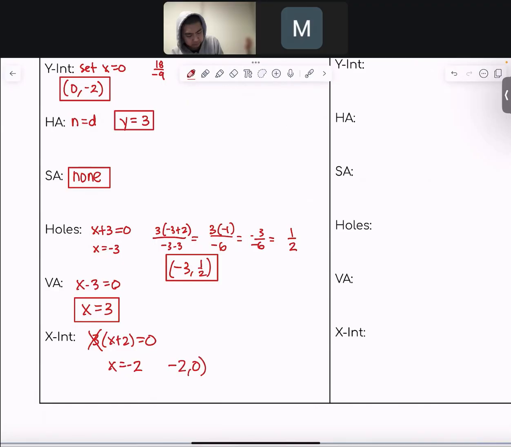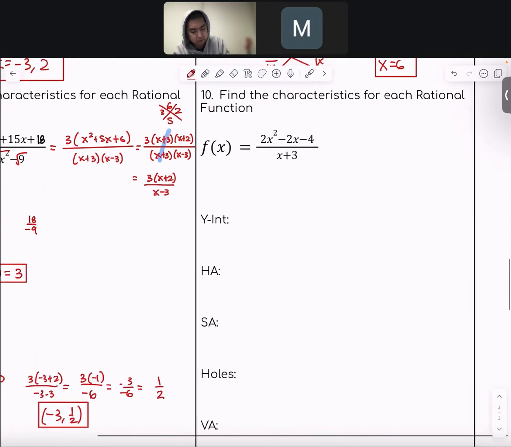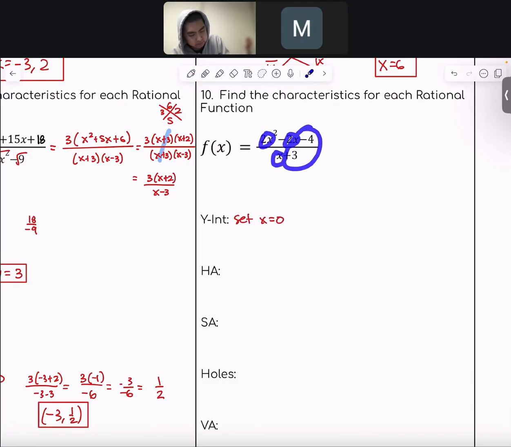Negative 2 comma 0. Okay, so that's your x-intercept. Now let's look at this one, right? Okay, y-intercept, you set x equals 0. So 0, 0, 0, that's negative 4/3. So 0 comma negative 4/3.